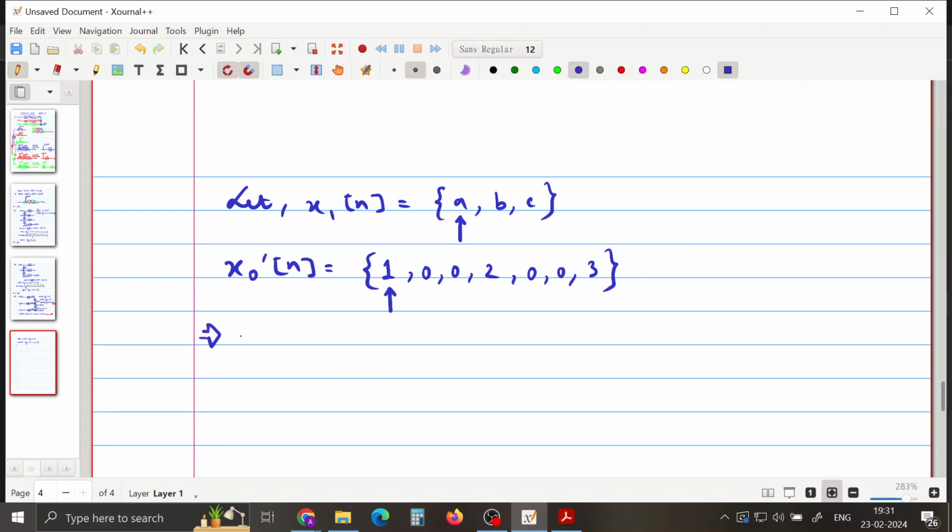So x naught prime of n plus 2 will be the sequence 1 0 0 2 0 0 3, but the arrowhead now points to this location, right?